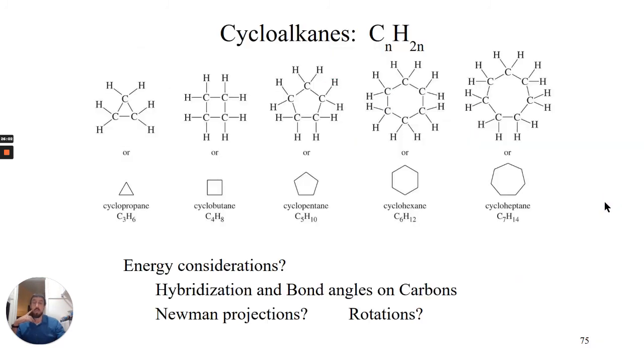Okay? This will then push into our cycloalkanes, because now we've got this idea of what happens with chains. Well, what happens with rings? So you should be able to go through and note hybridizations behind each of these carbons, and you'll note they're all sp3 hybridized because they're all single bonds, which means we should be getting 109.5. And if you look at bond angles and do your geometry and trigonometry stuff, you'll note that we don't get that 109.5, which then means we create a strain within the molecule.